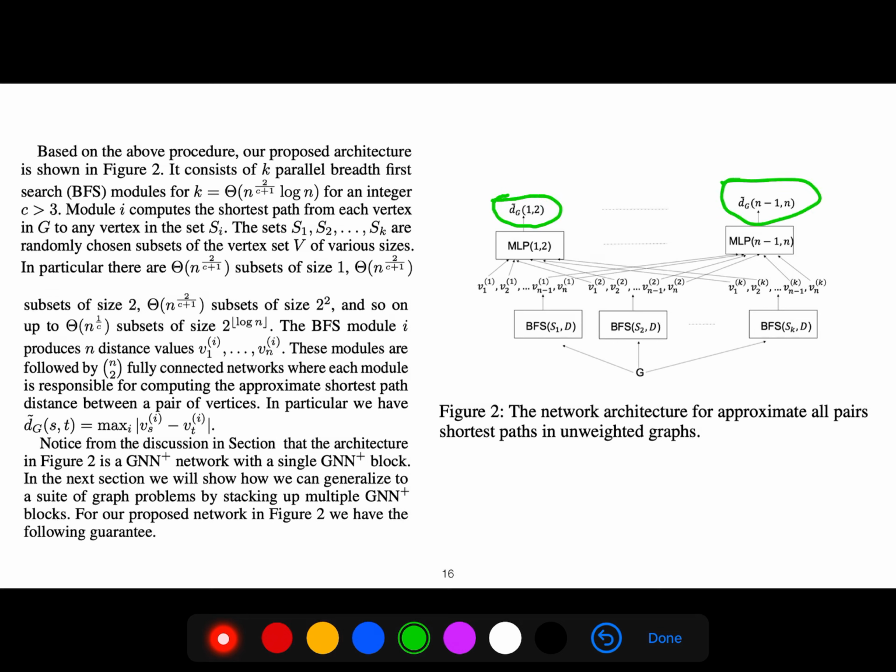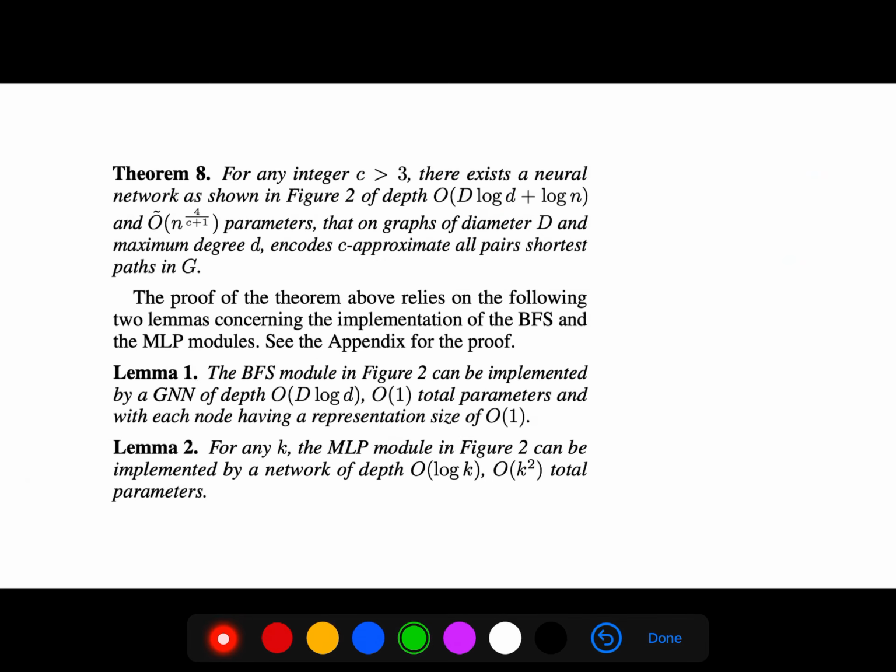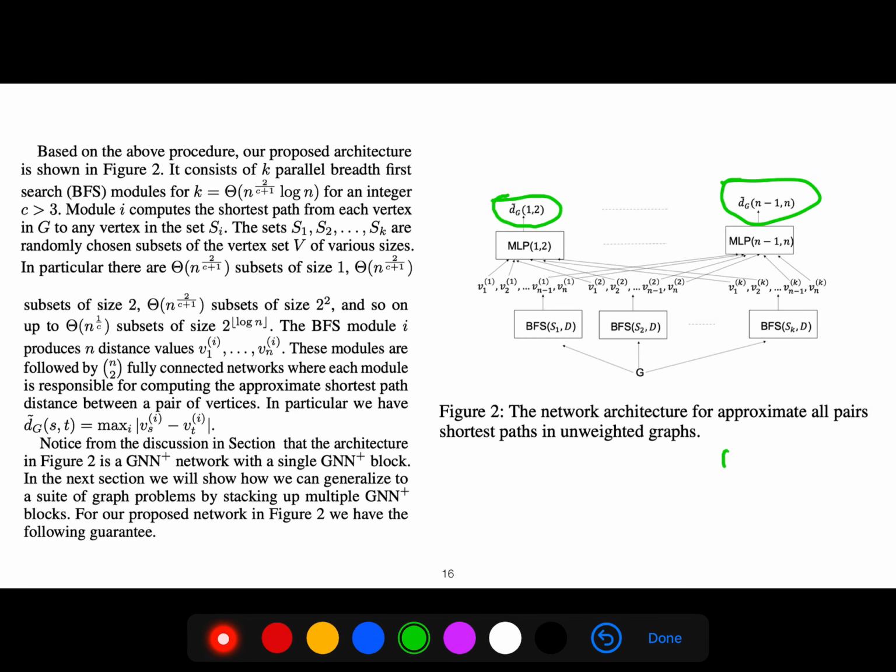So they're just learning what we want to do. For example, the shortest path distance, you can see it here. But the encoder is also important, so that's why they use this breadth first search from S1 and D, S2 and D.